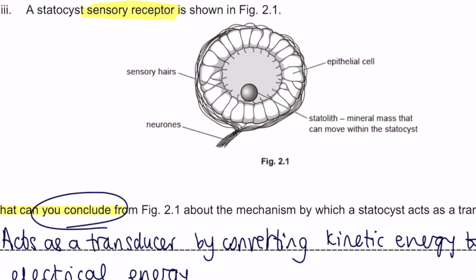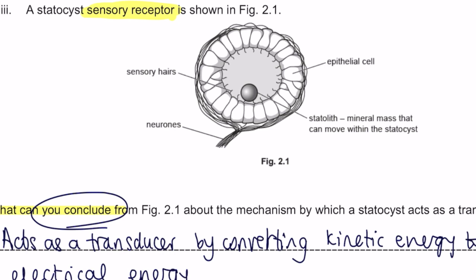By looking at this, I can see there is a statolith, and it says there's a mineral mass that can move within the statocyte. So this can move. Nice to know. What's also very interesting about this diagram is that there are sensory hairs everywhere. And we know from nerves what sensory neurons do. So we can make that connection.